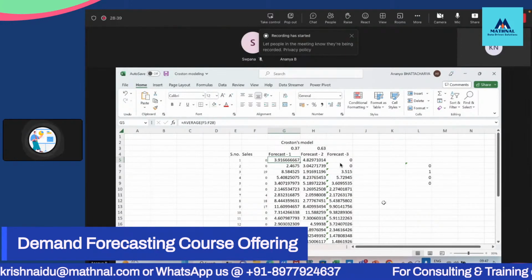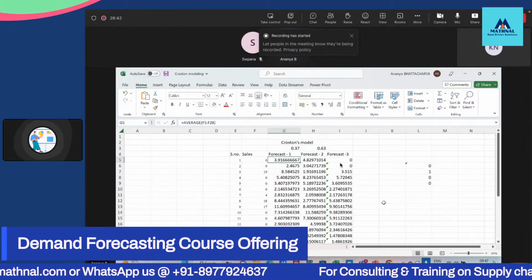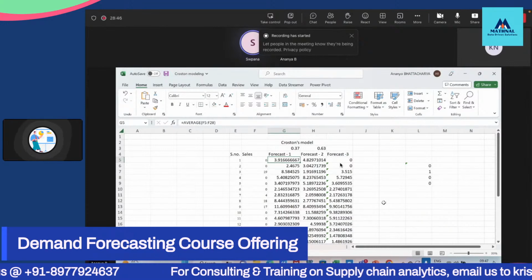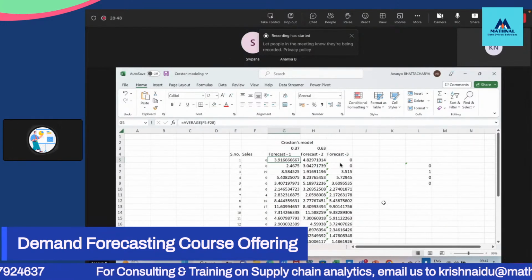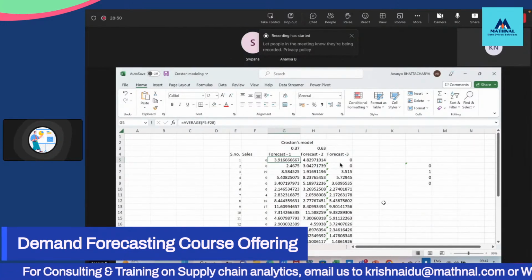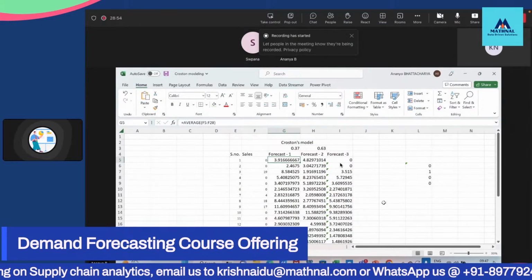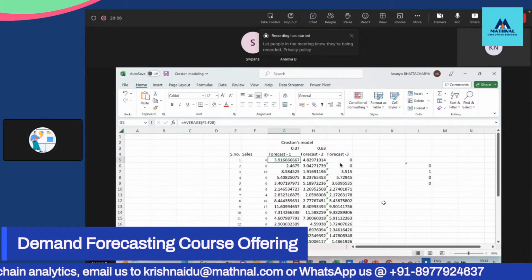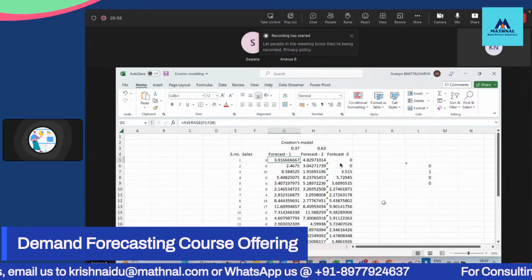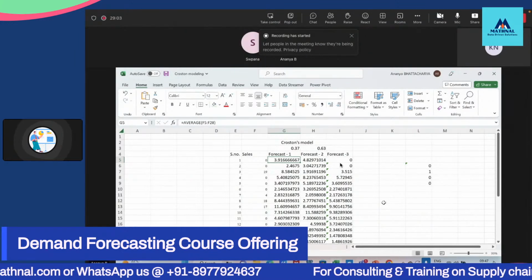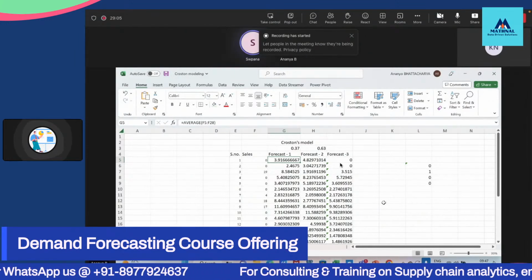Have you got the understanding, Swapna, of what we are trying to discuss? Yes, Krish, I'm trying to understand. See, you get this only once you practice. Unless you practice, it's very difficult to understand. With all these methods, it is very important that you take the Excel sheet and the data and start practicing them.